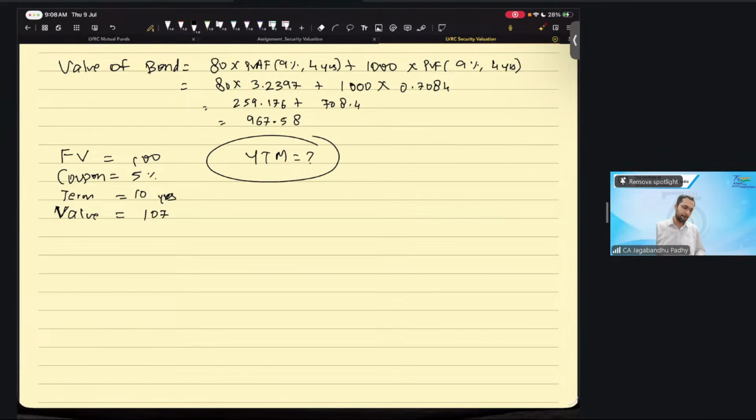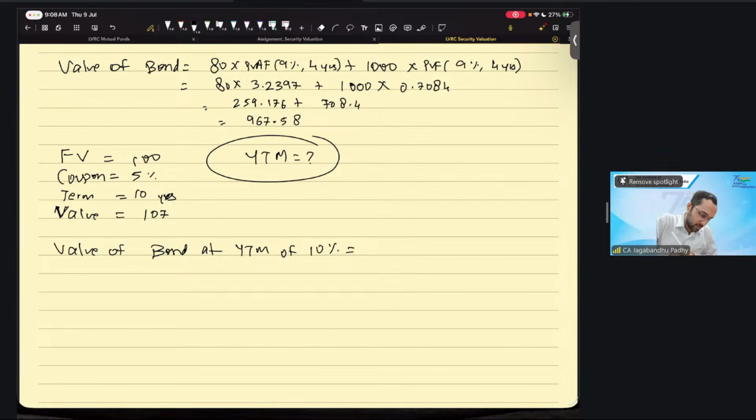We use the IRR method, right? So we use the IRR method. First, you give me the value of the bond at a YTM of, let's say, 10%.